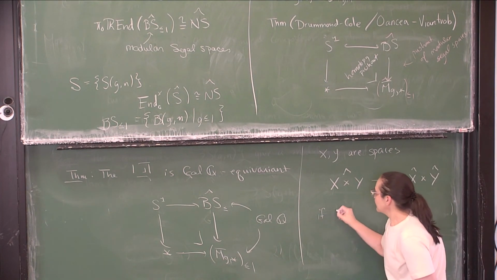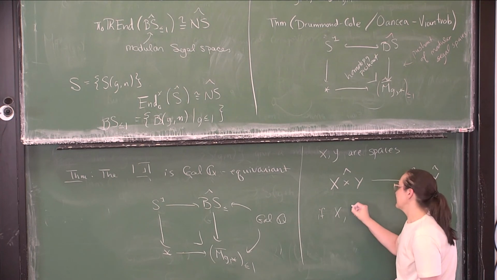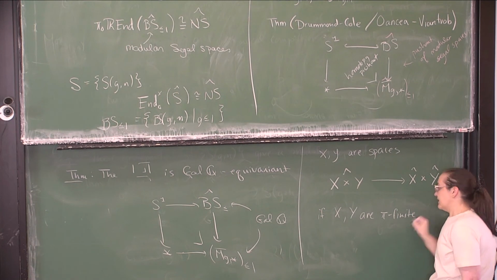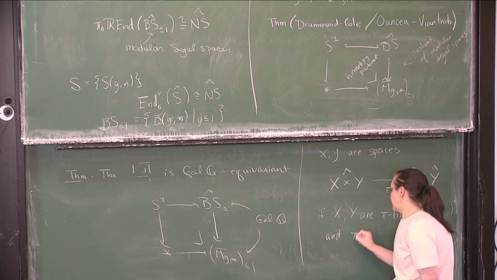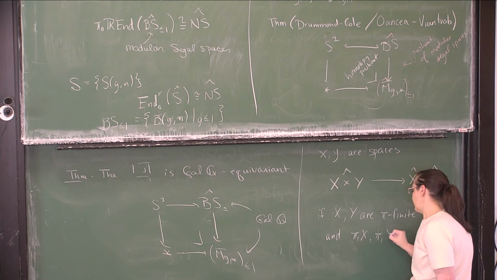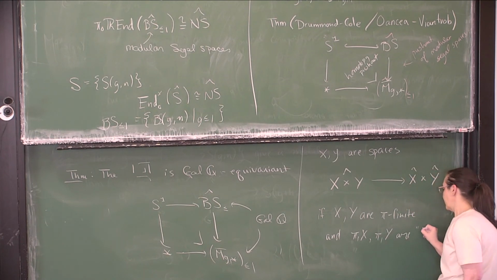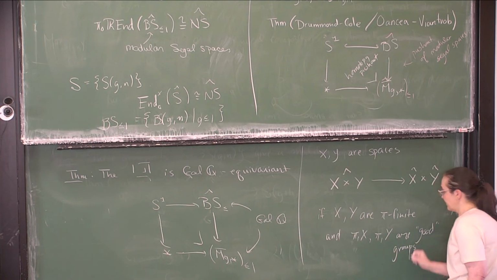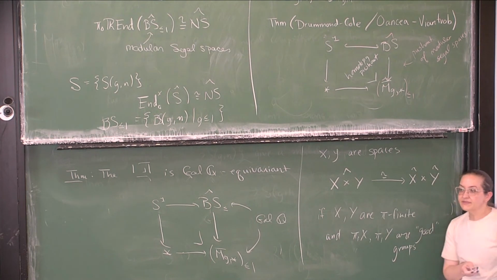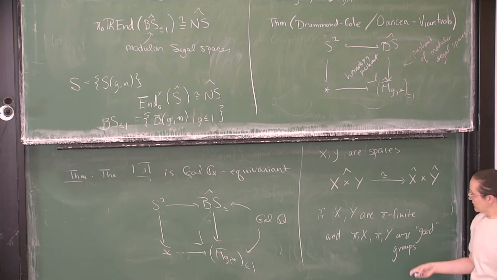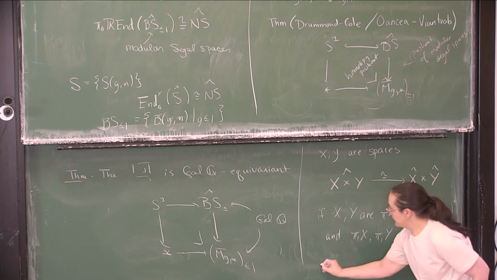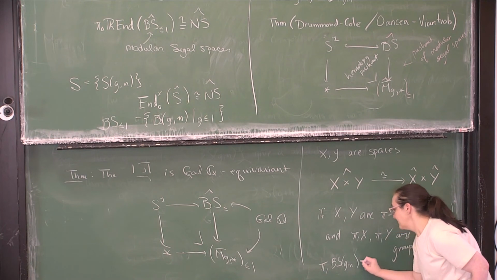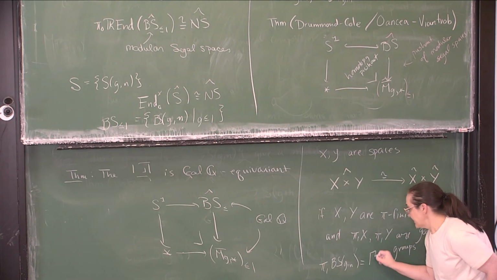So if we add the condition that X and Y are both pi finite, and that pi 1 of X and pi 1 of Y are good, then I can complete, finite spaces. Now here, in my case for my classifying space, pi 1 of BSGN is the mapping class group.